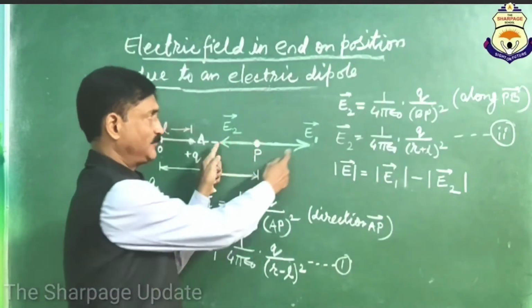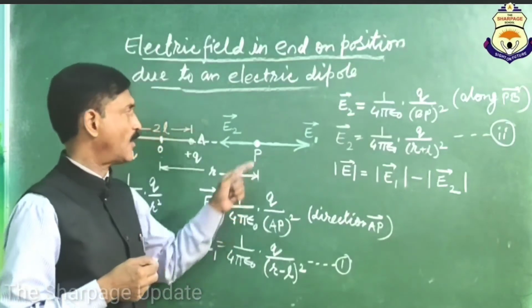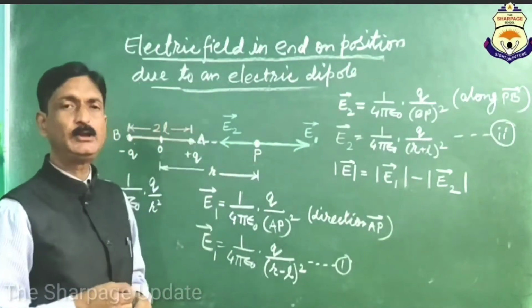So the resultant of these two intensities will be the subtraction of E1 and E2.